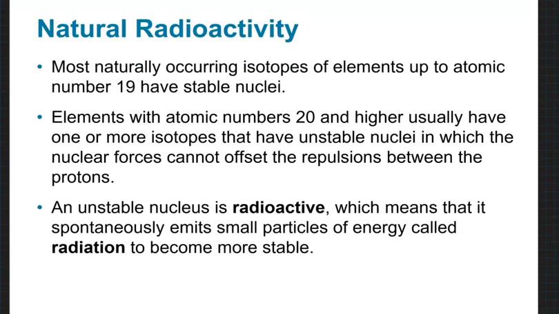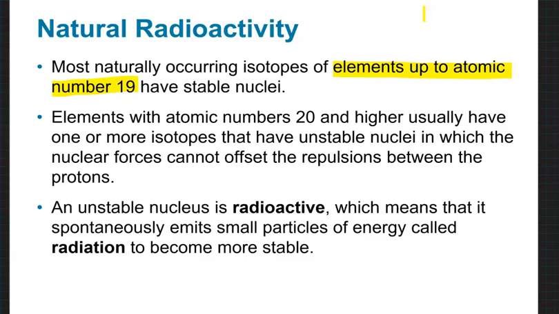So most naturally occurring isotopes, you don't need to memorize that it's elements up to atomic number 19, but it kind of highlights that all the way up to potassium included, they're stable.